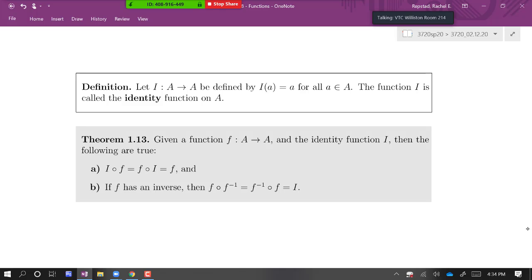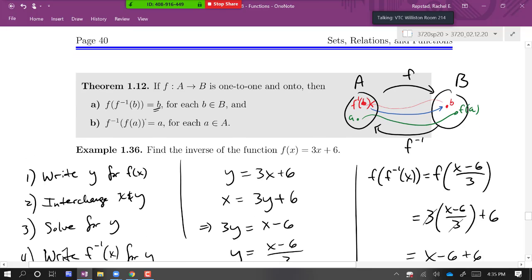And Theorem 113 here just basically restates Theorem 112 above. In Theorem 112 we were working with a function from A to B and just said f of f inverse of B is equal to B. If I compose a function with its inverse, it's just going to leave that element alone, right? If I plug in B, I get B. If I do f inverse of f of A, I just get A. It boils down to the identity function.